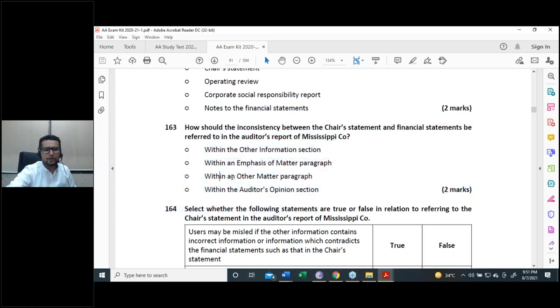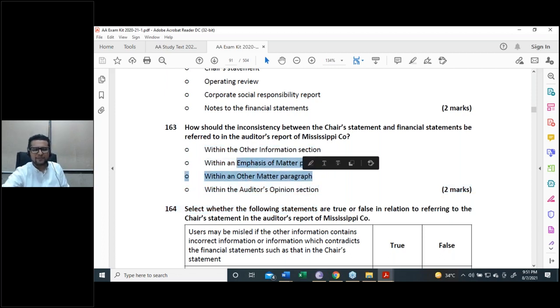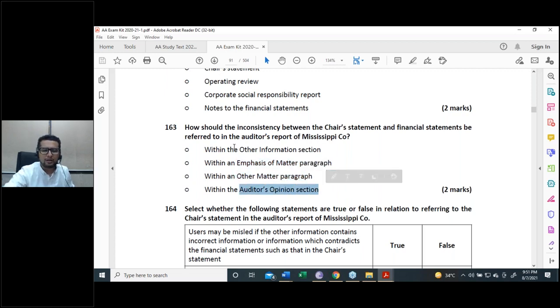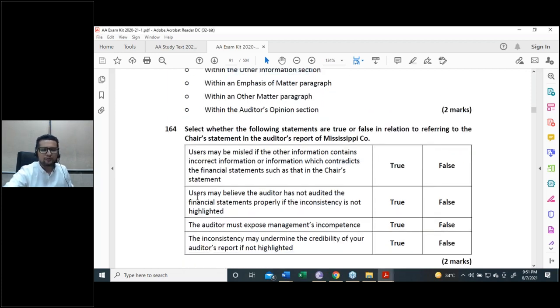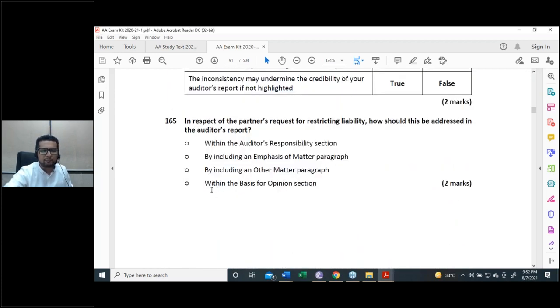Are you going to emphasize? Are you going to use other matter? Are you going to modify your opinion? Or are you going to use the other information section? Well done, all of you. Option number 1, well done. 164, a very tricky and a very important question.